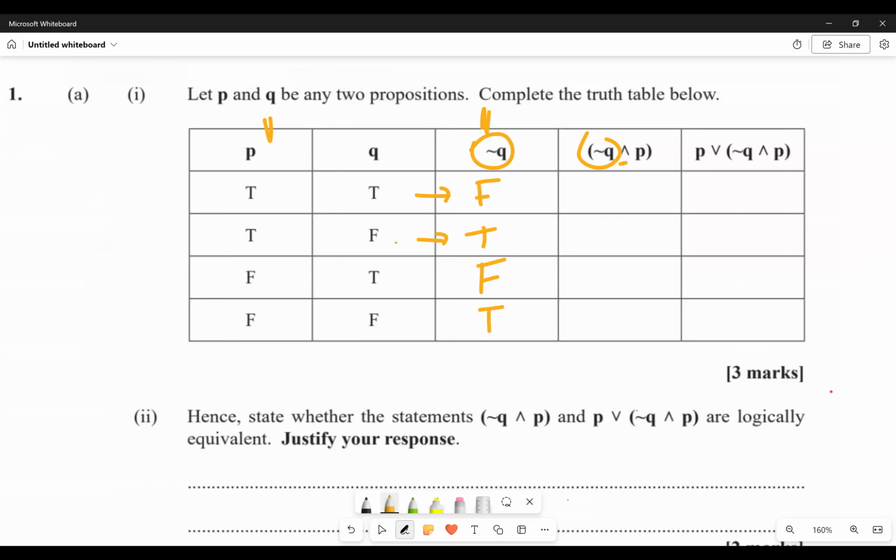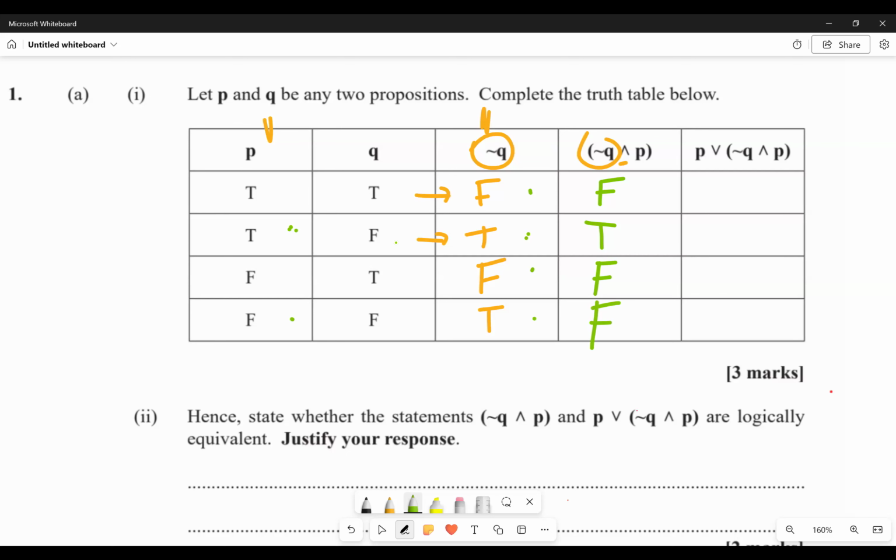So we're ANDing these 2 columns. If it has a false in there, we already know that it's going to be false. So this is false, this is false. Now we need to find out if this is true or not. True and true will be true. False and true will be false.